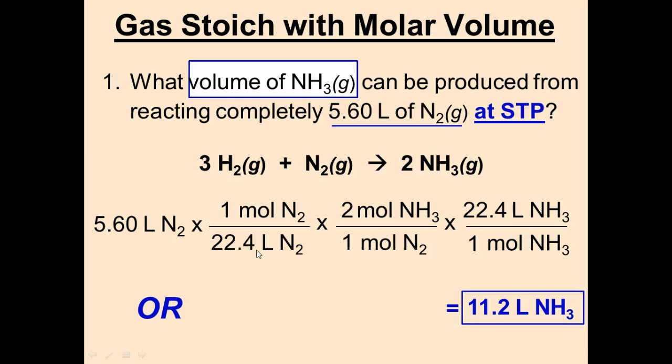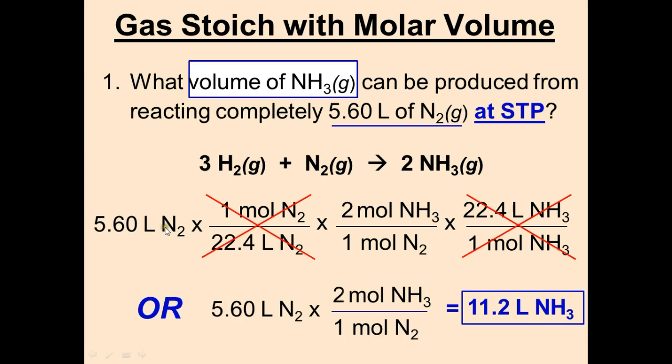And then 1 mole on top and 1 mole on the bottom, they also cancel each other out. So these two fractions, the first one and the third one, essentially cancel each other out because they're exact opposites. So we can just get rid of them and literally multiply the first substance by the mole to mole ratio and get to the second substance, just like that.